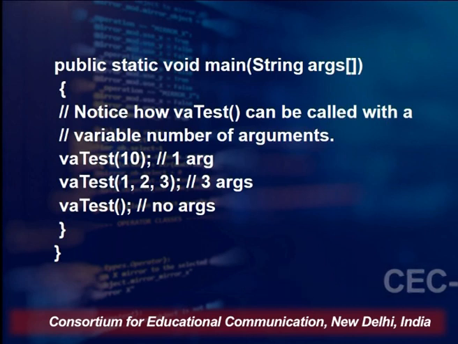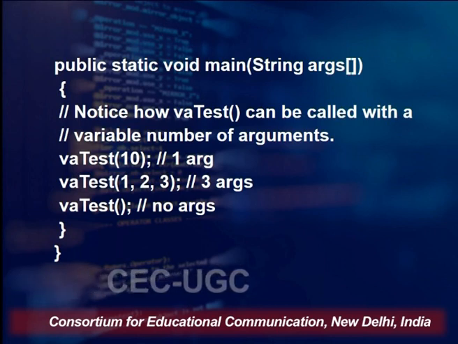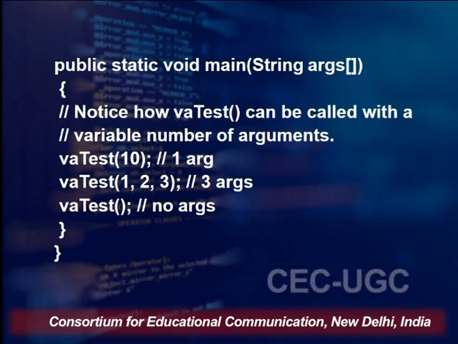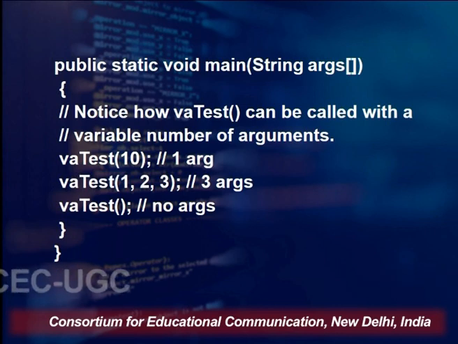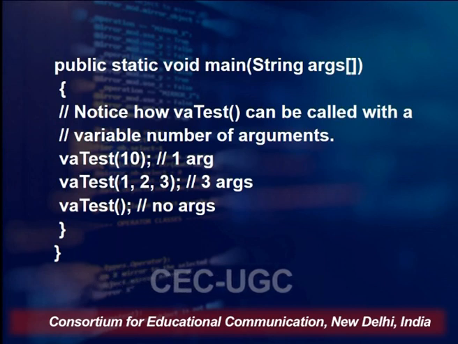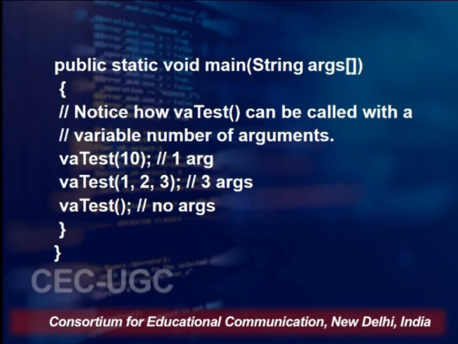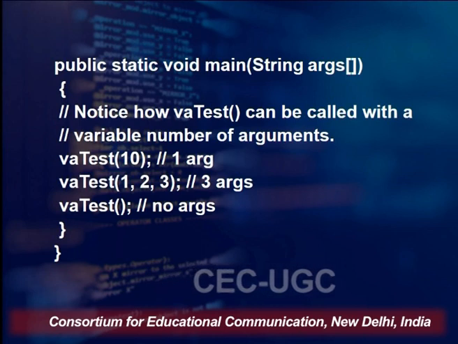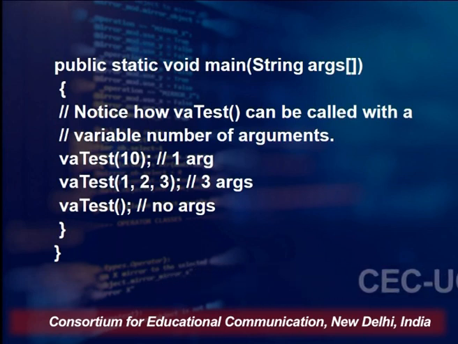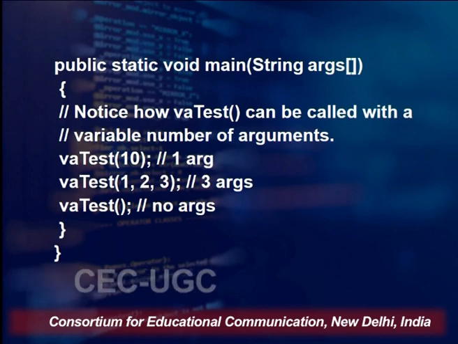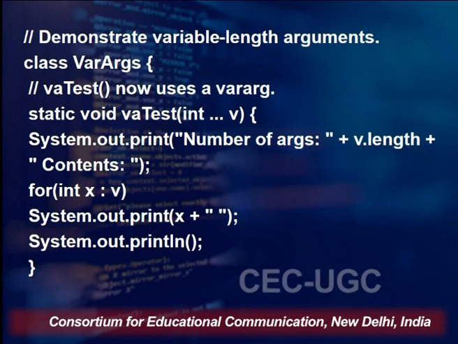Now, please recall the previous version of this program, which had 3 arrays: the first array n1 with one variable, the second array n2 with 3 variables, and the next one, the n3 array, with no variables. But here we need not package those arrays manually and then pass them, because here we have varTest as a variable length argument method.